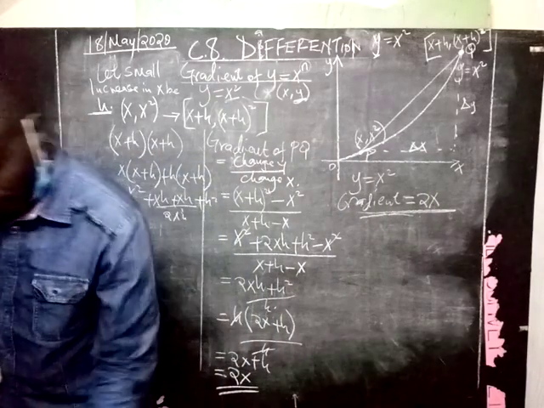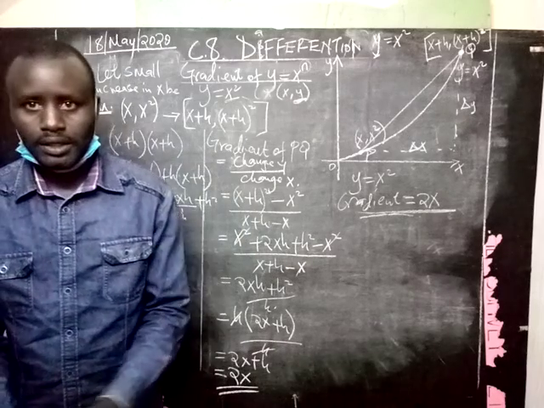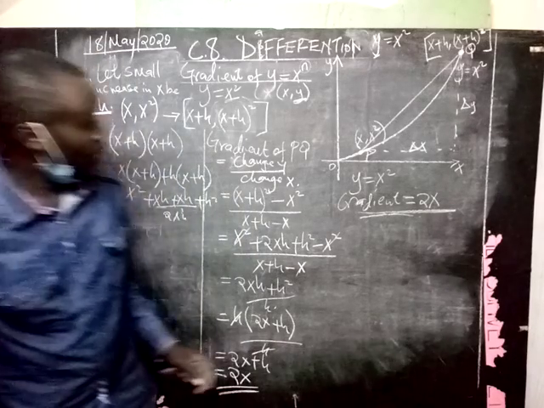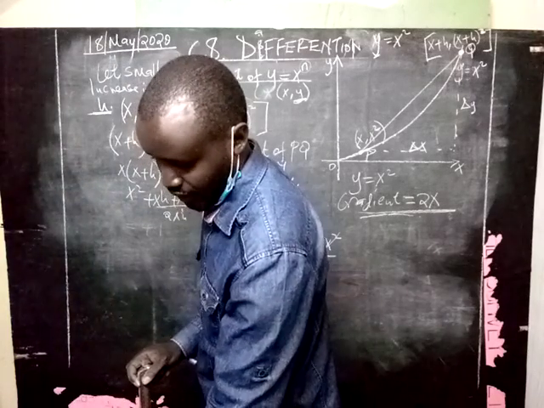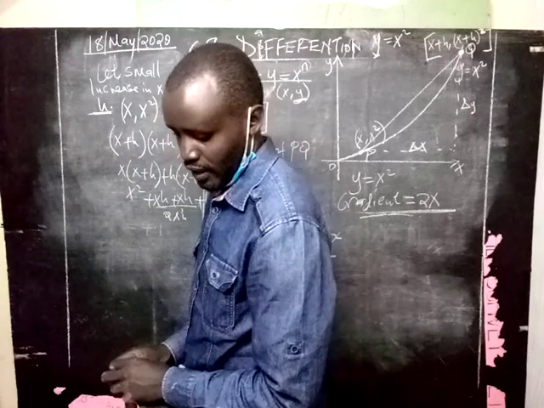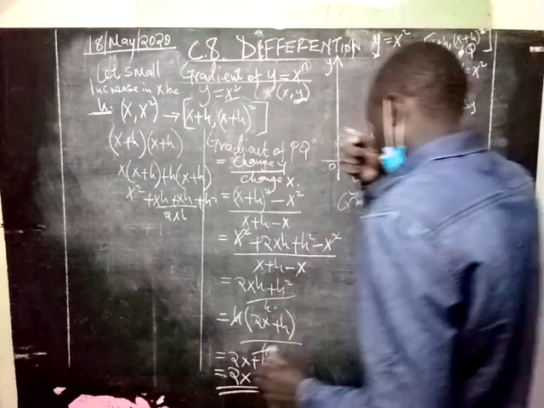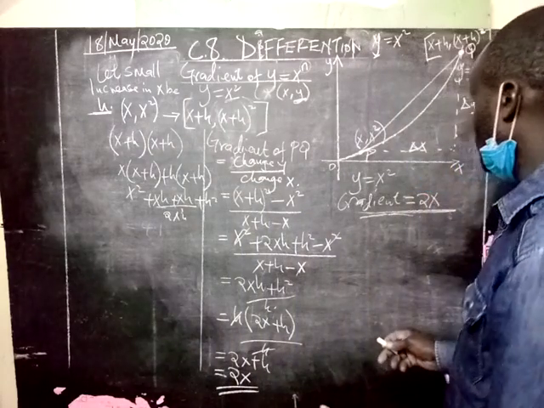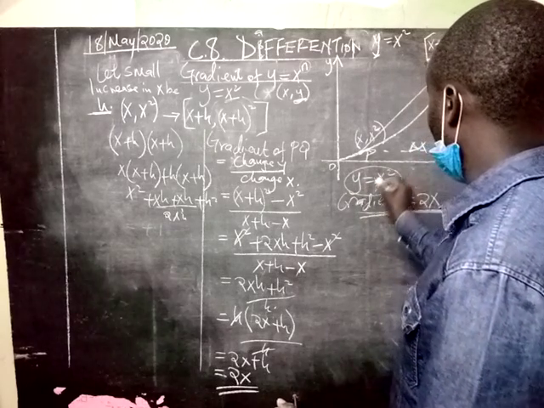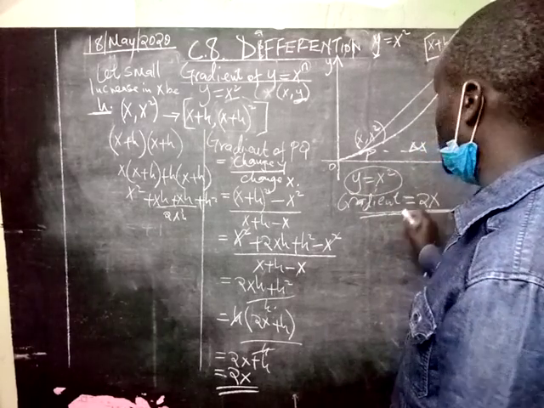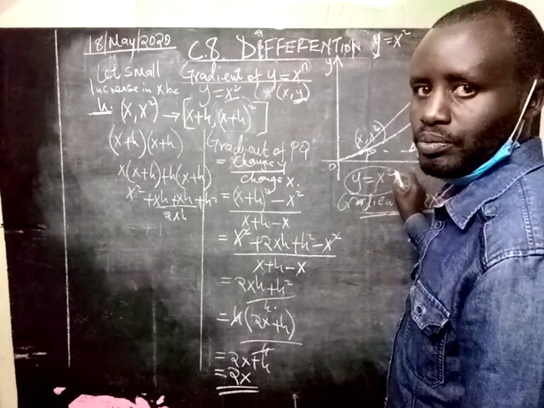And for that case, we are going to have a conclusion of this. Now, the solution of this is known as the gradient function of y equals x raised to power 2.